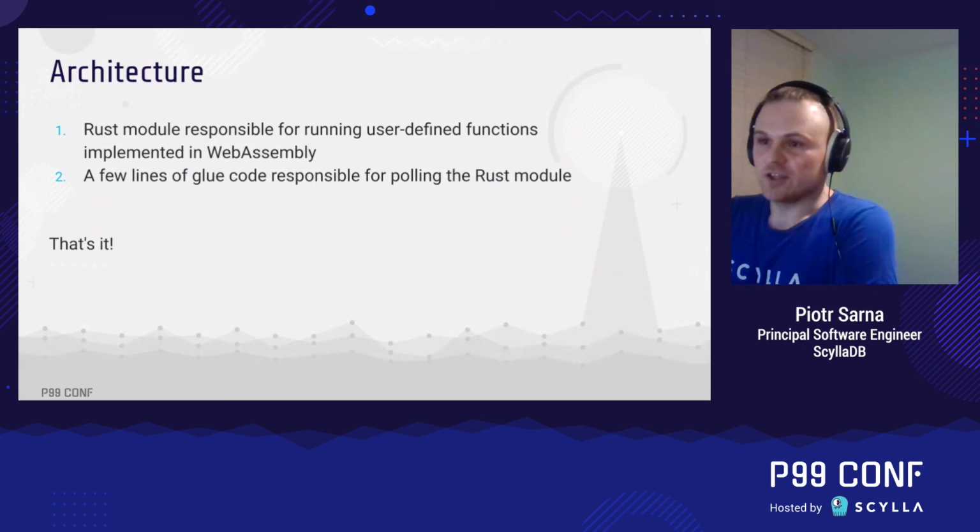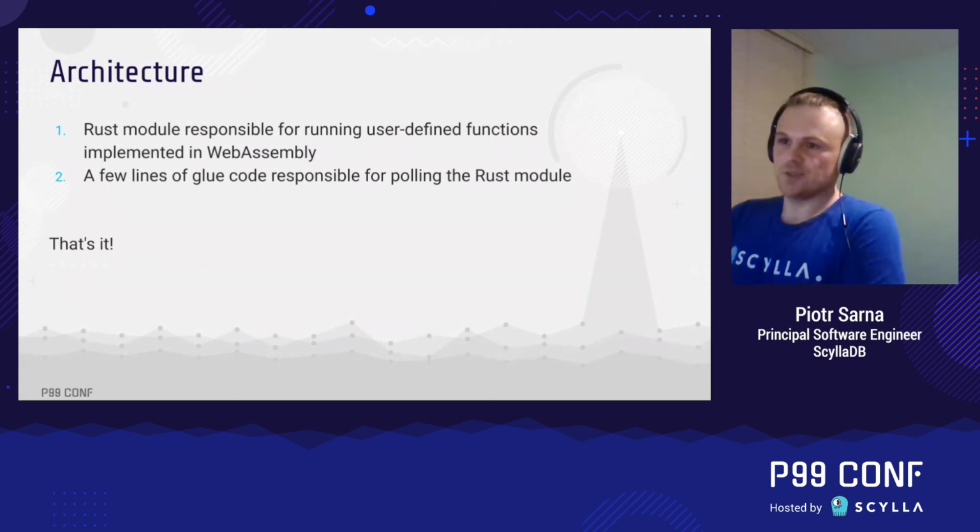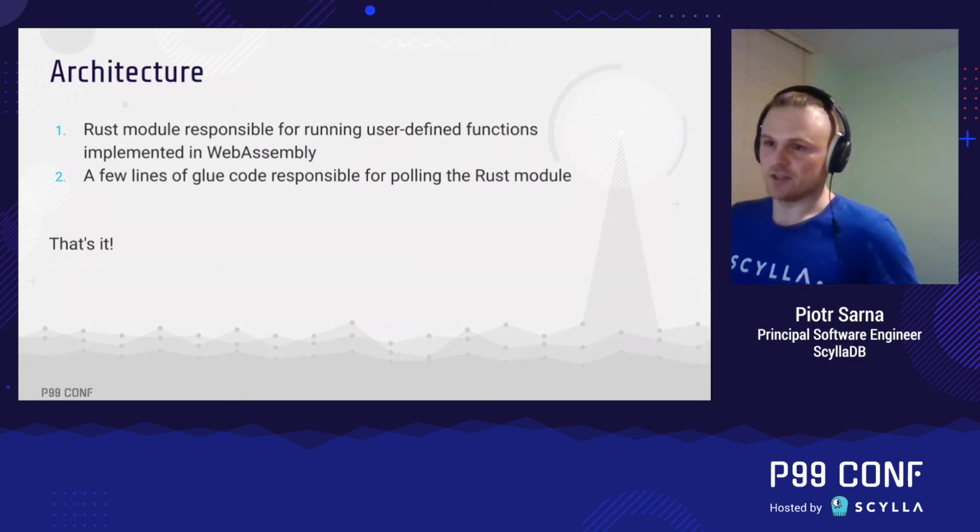To sum up, our architecture is as follows. We have rewritten the whole layer responsible for running user-defined functions from C++ to Rust based on the Wasmtime crate, which provides the WebAssembly virtual machine implemented in an asynchronous manner and yielding CPU if the computations take too long.